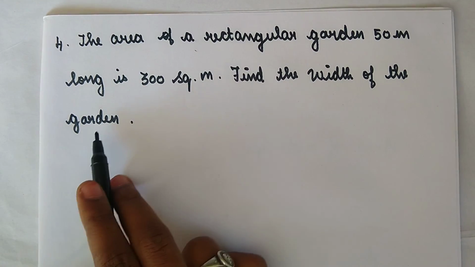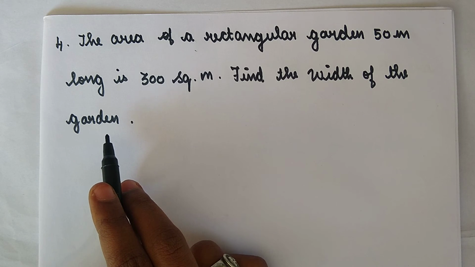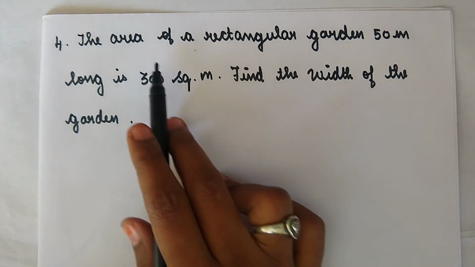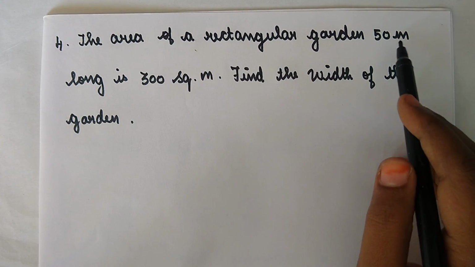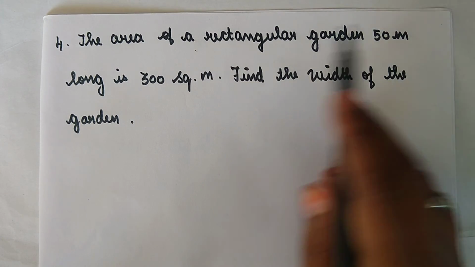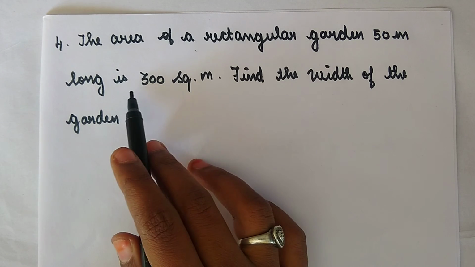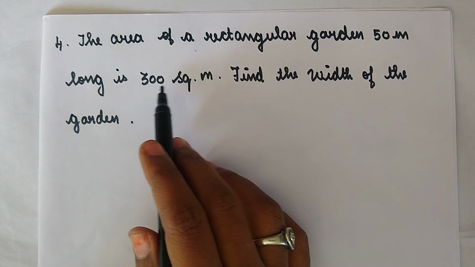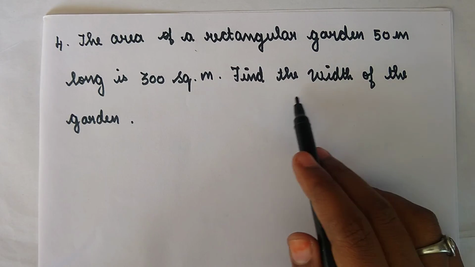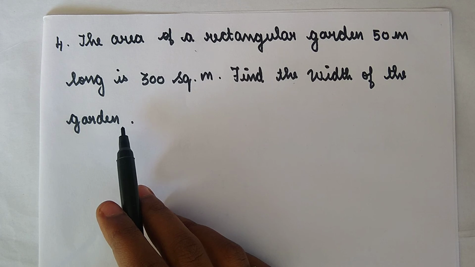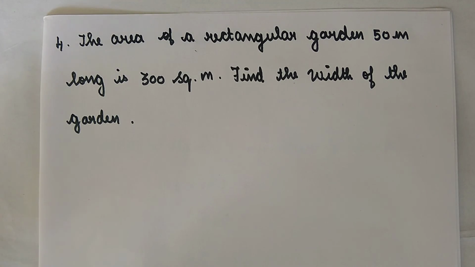Find the width of the garden. Okay, this is our question. Here given is the length of the rectangular garden is 50 meter and the area is 300 square meter. Then we have to find the width of the garden, that is the breadth of the garden.